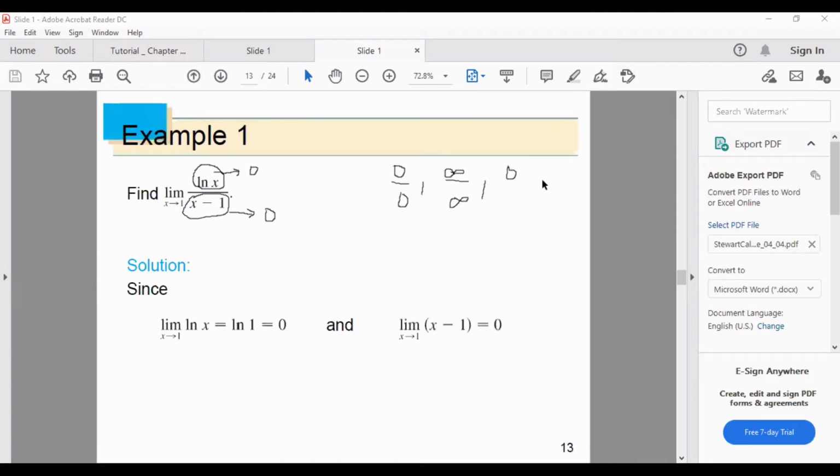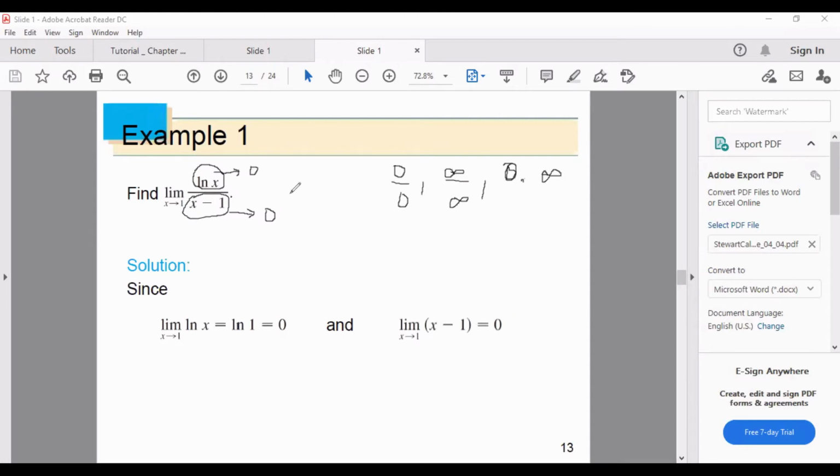When we have 0 times infinity, it's a multiplication, and when we have this product, we have a problem. To summarize, right now we have 3 kinds of problems when it's hard to evaluate the limit. The first is 0 over 0, the second is infinity over infinity, and the third is 0 times infinity.